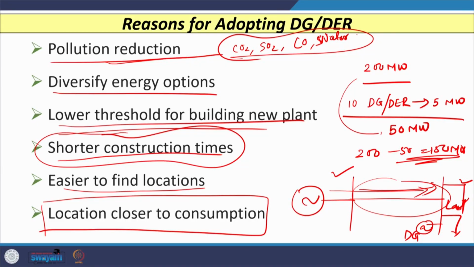The range of frequency is also very strict, between 49.5 hertz and 50.5 hertz in the Indian system, where 50 hertz is the fundamental frequency, and this can be violated because the government is now encouraging renewable energy sources based generation, which we call distributed generators or distributed energy resources. And then we discussed the several important reasons why we need to adopt distributed generators or distributed energy resources and their connection at distribution level, sub-transmission level and transmission level.